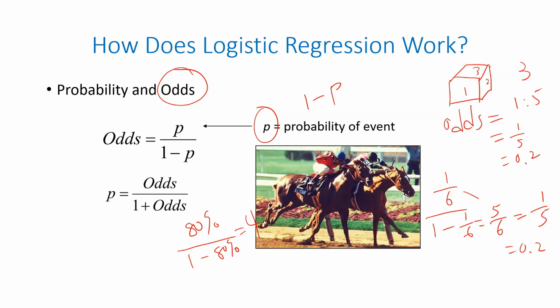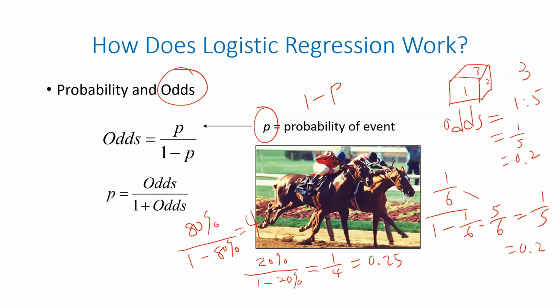Conversely, if a horse has only a 20% probability of winning the race, then the probability of losing the race is 1 minus 20%, or 80%. And that will give you the odds of 1/4 or 0.25, suggesting a relatively low likelihood of winning.